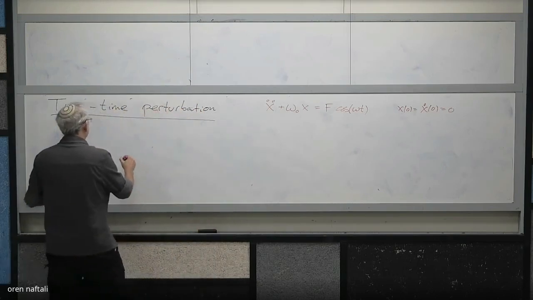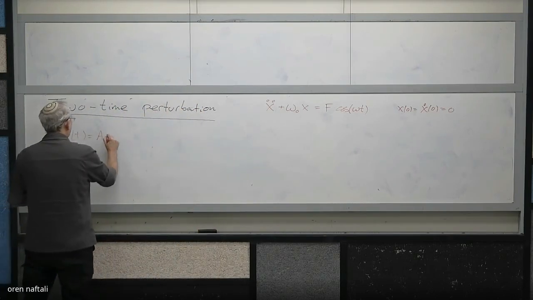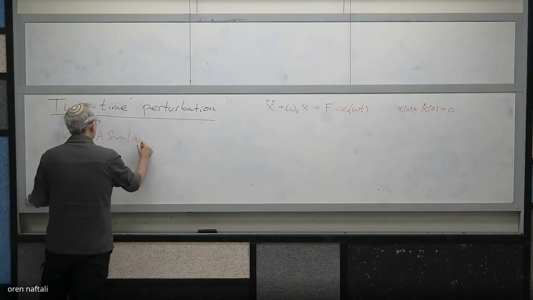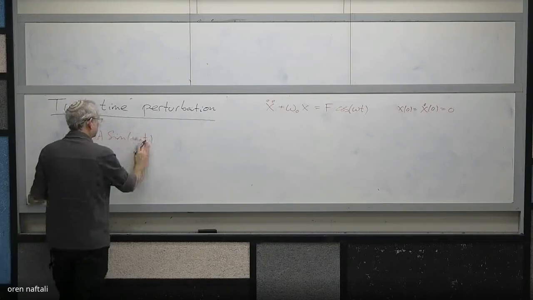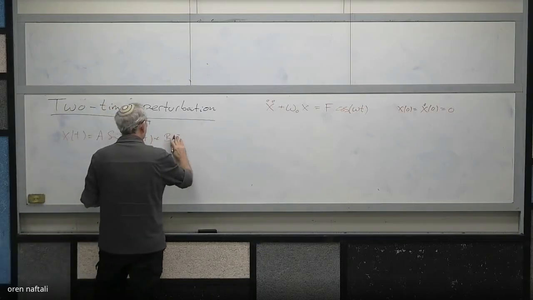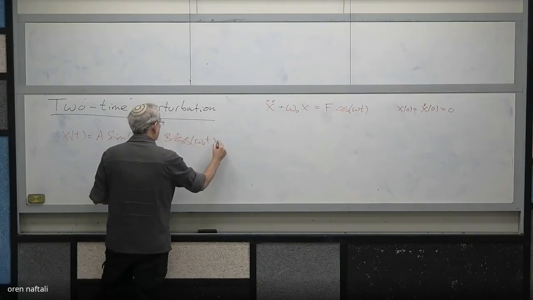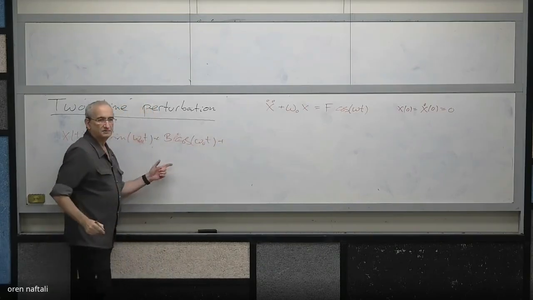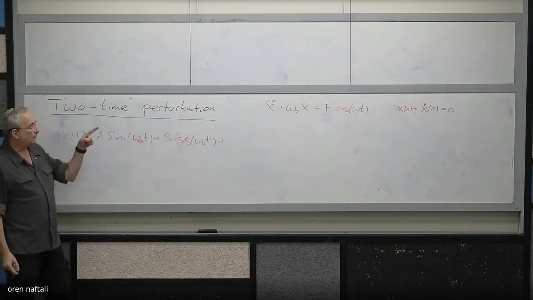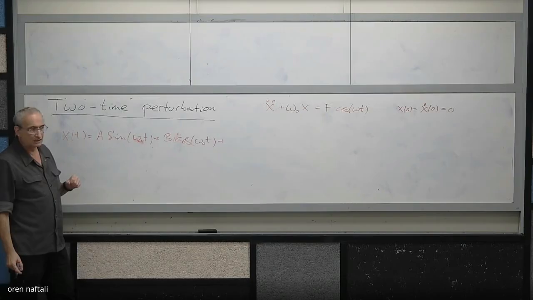So we can write x of t as A sine omega naught t plus B cosine omega naught t plus a special solution of the inhomogeneous part, right?